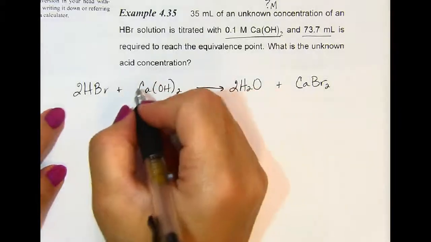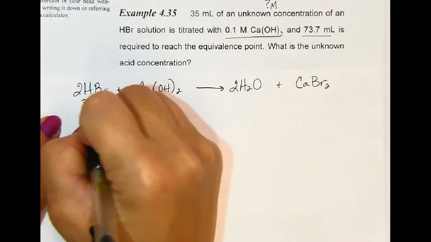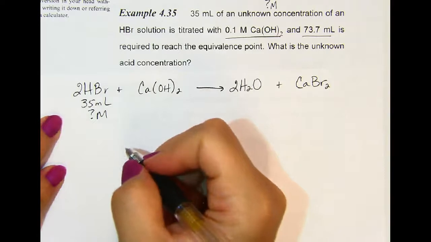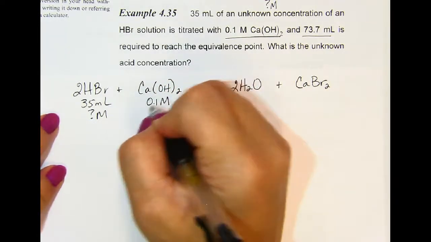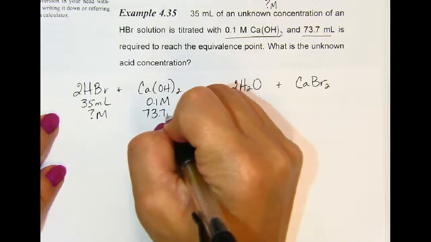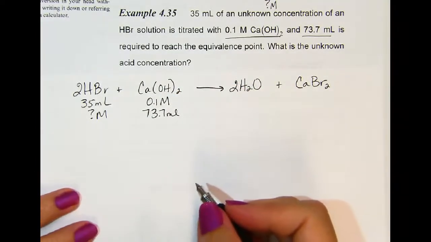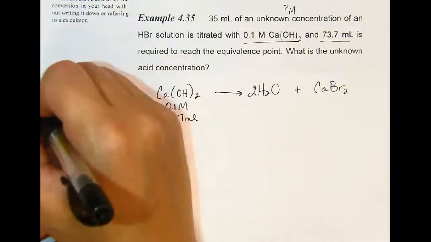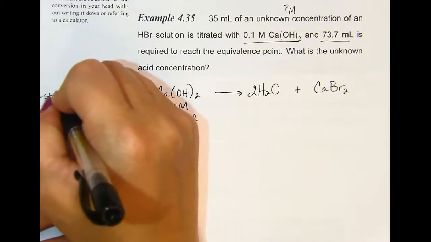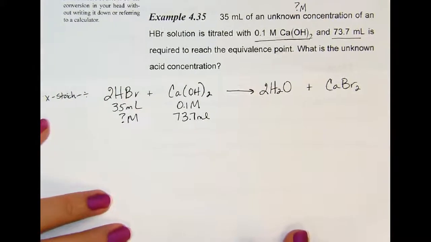We have 35 milliliters of this hydrobromic acid, but we do not know the molarity, the concentration. We know that we have a 0.1 molar calcium hydroxide solution, and we have 73.7 milliliters worth. So this is a neutralization reaction, and you might remember the little trick way back when of multiply, Stoich, divide. And that's actually the process that we're going to use here and now.